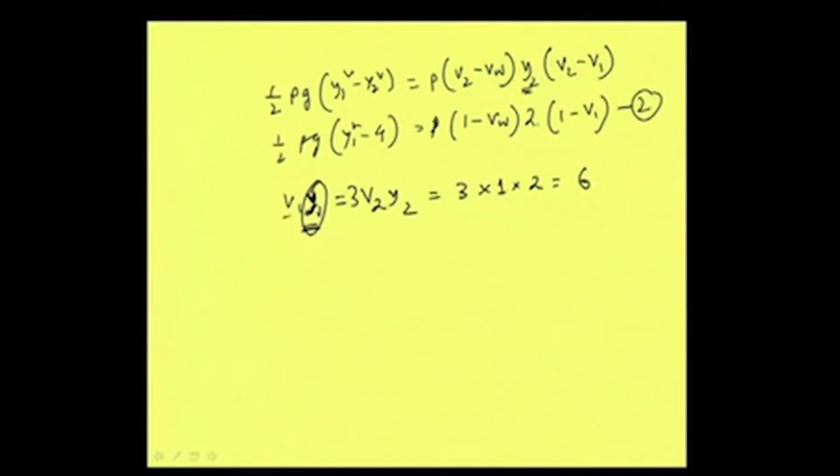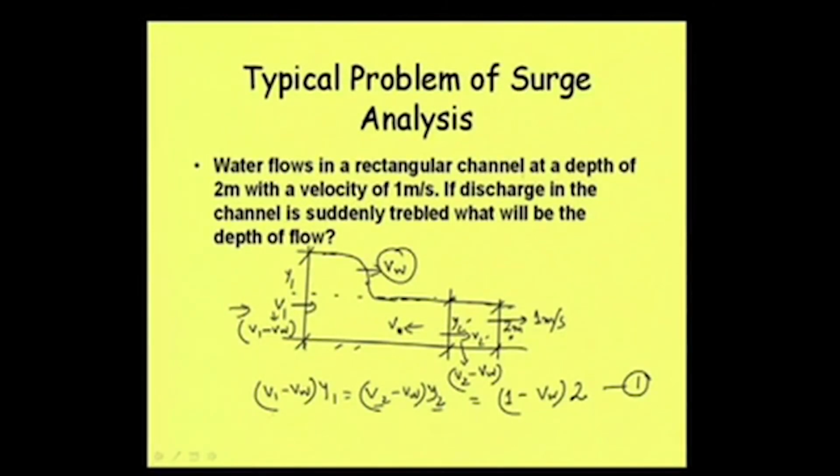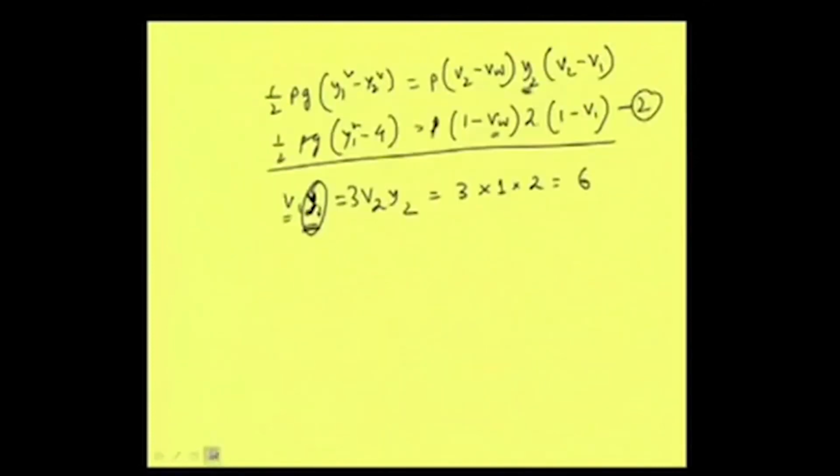Here we have the unknowns vw and y1, which we can solve by trial and error, and we get y1 equal to 2.45 meter. This is just a solved problem already in the book of Rangaraju, and I am taking it here just to show how this surge problem can be solved.